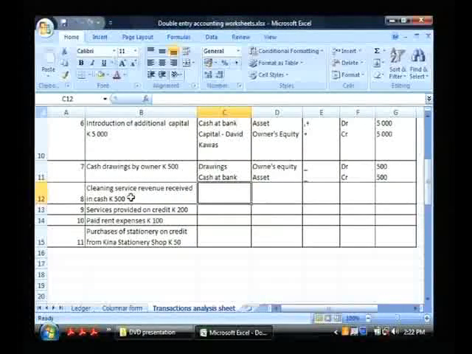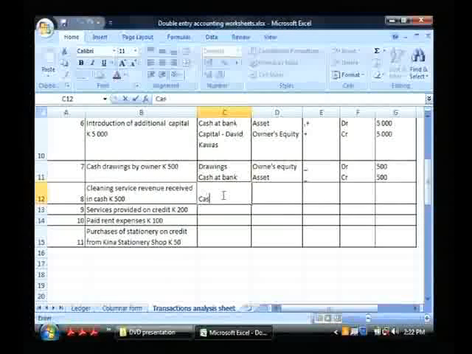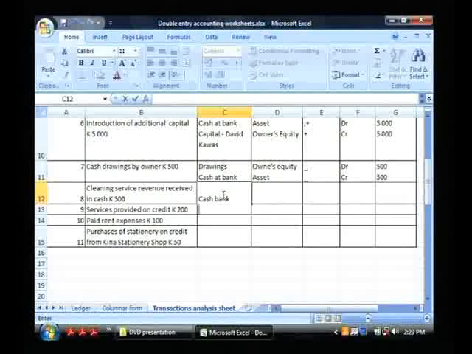Cleaning service revenue received in cash, 500 kinas. This is a cleaning business. The amount received in cash is 500. Therefore, cash at bank is one account, and the other one is revenue.